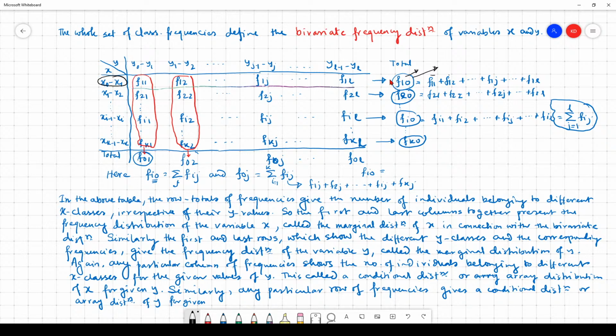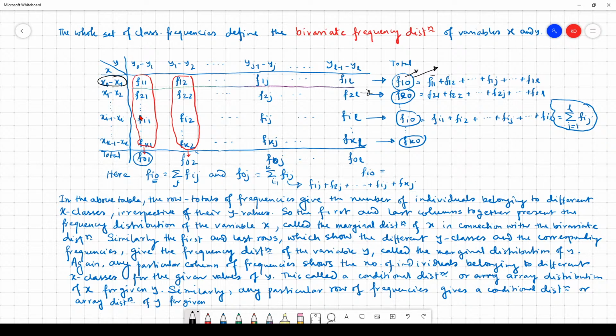This gives the marginal frequency corresponding to the class x0 to x1, eliminating the effect of all the classes of y. Similarly, for the second class of x, you add all the frequencies of the second row. That means you eliminate the effect of y. So this gives the marginal frequency corresponding to the class x1 to x2, and so on.